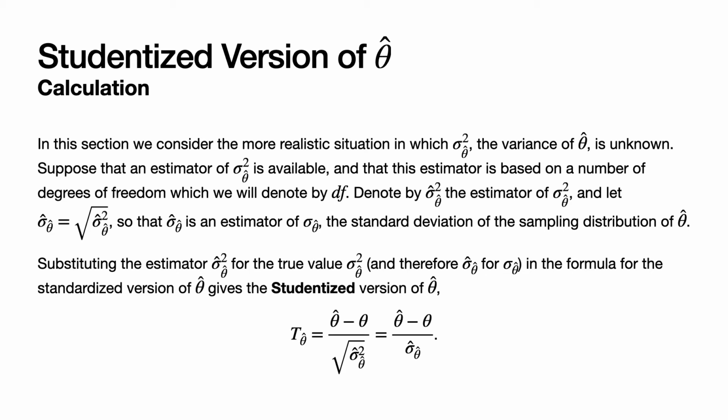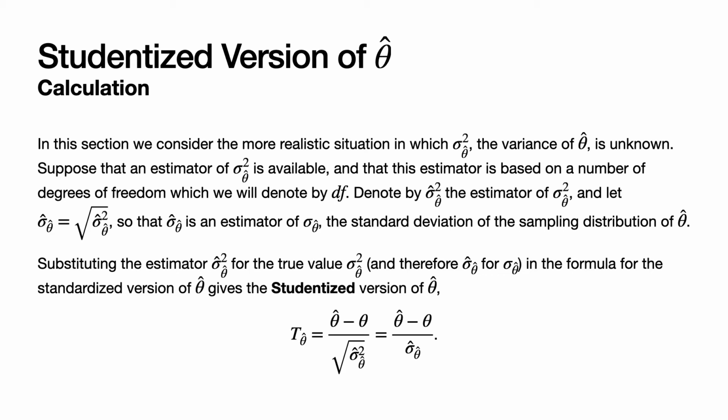Denote by sigma hat squared sub theta hat the estimator of sigma squared sub theta hat, and likewise let sigma hat sub theta hat be the square root of the estimator sigma hat squared sub theta hat, so that sigma hat sub theta hat is an estimator of sigma sub theta hat, the standard deviation of the sampling distribution of theta hat. In other words, we've defined some notation for the estimated variance of theta hat and the estimated standard deviation of theta hat.